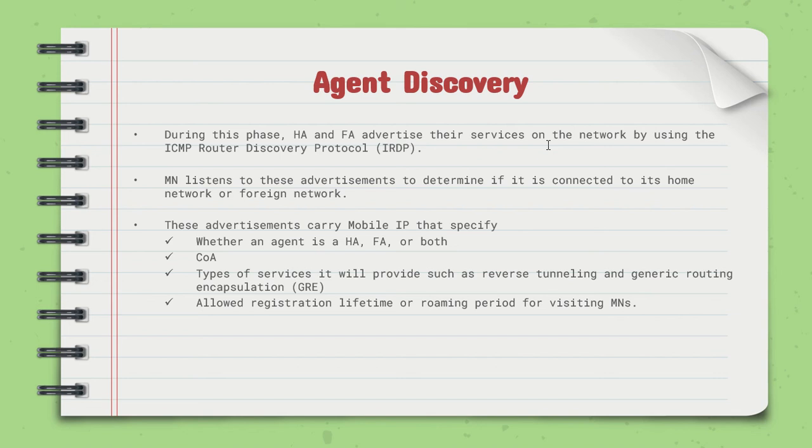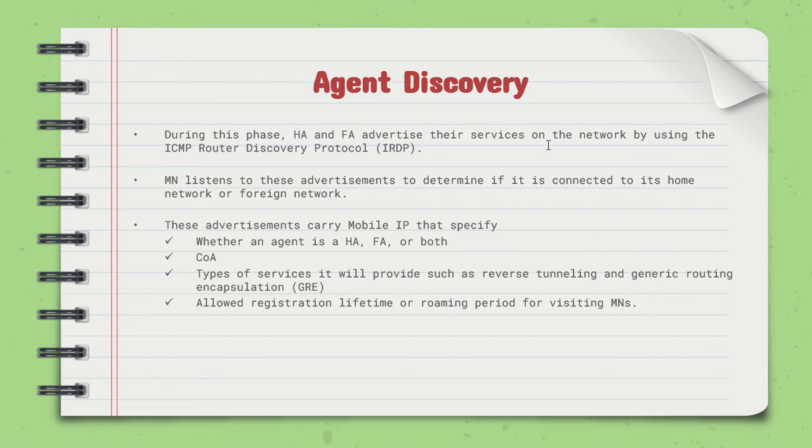Okay, next, let's look at agent discovery. During this phase, home agent and foreign agent advertise their services on the network by using the ICMP Router Discovery Protocol, IRDP. Mobile node listens to these advertisements to determine if it is connected to its home network or foreign network.